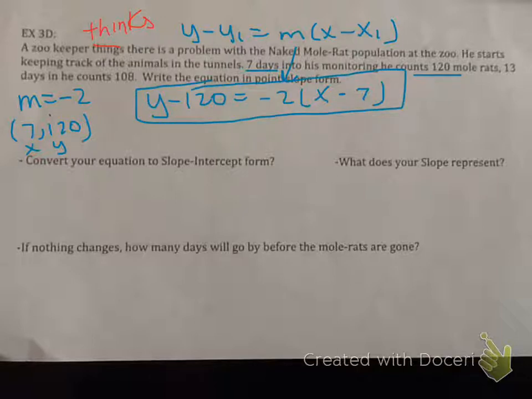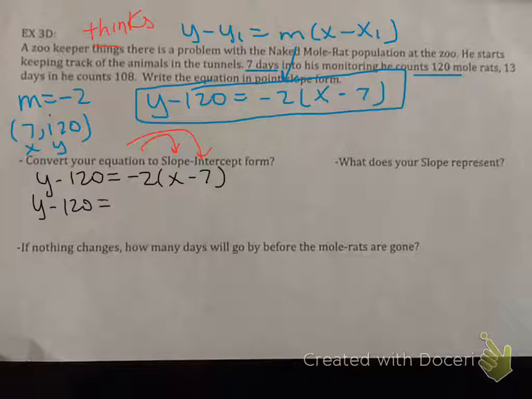Now it says convert your equation into slope intercept form. To do that, I'm going to change colors here. We got y minus 120 equals negative 2 times x minus 7. I'm going to distribute the negative 2 to x and to the negative 7. So I get y minus 120 equals negative 2x plus 14. Now I want to get it in slope intercept form, and don't forget that's the one where y equals mx plus b.